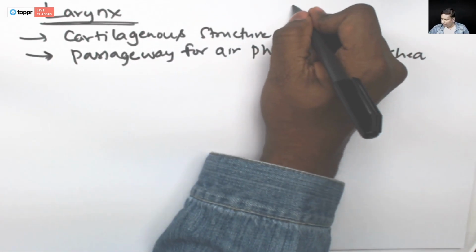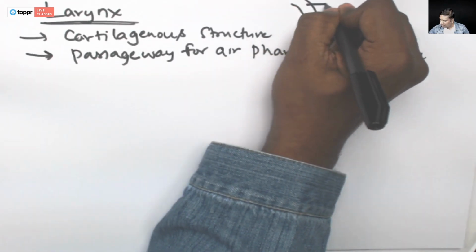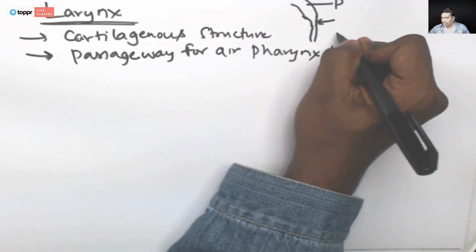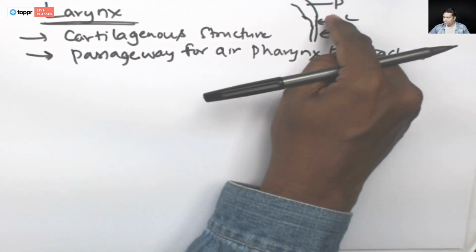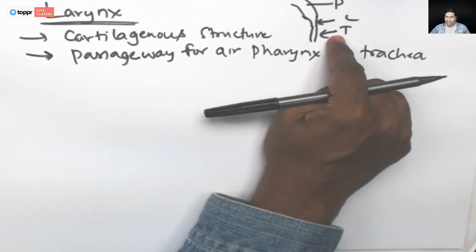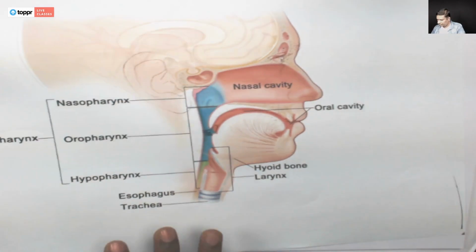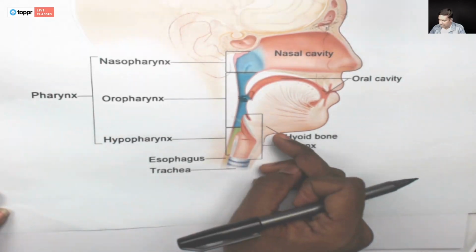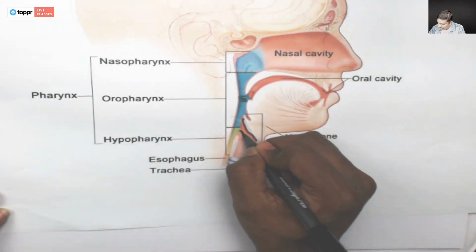You have your pharynx ending somewhere here, and then through the larynx it opens into the trachea of the lungs. So this is the passageway. The larynx is the passageway between the pharynx and your trachea. This is where your pharynx is ending, then this is the passageway, you see the passageway.